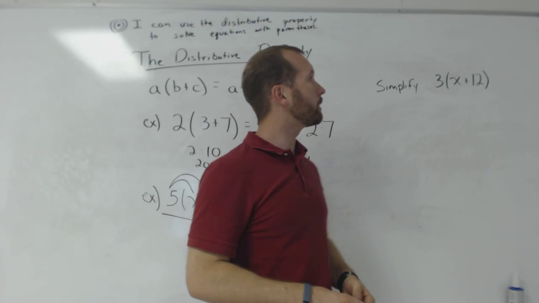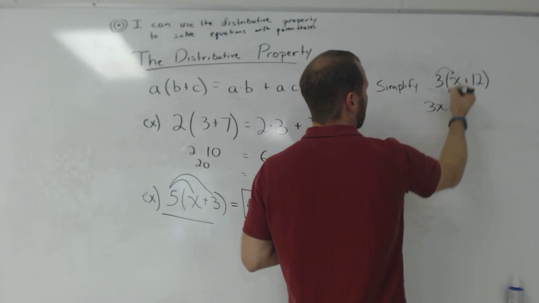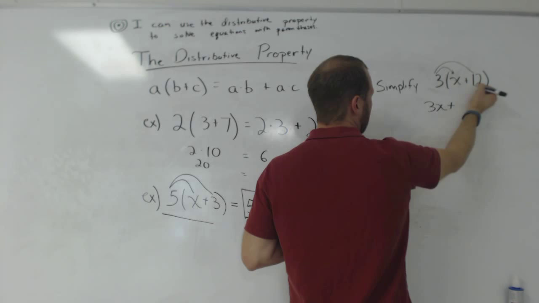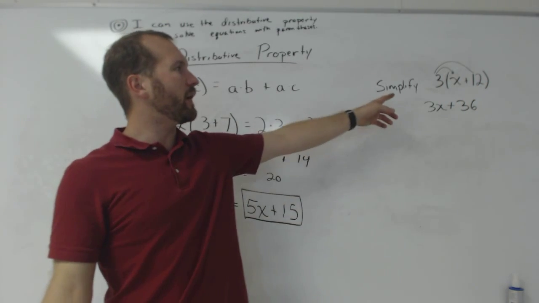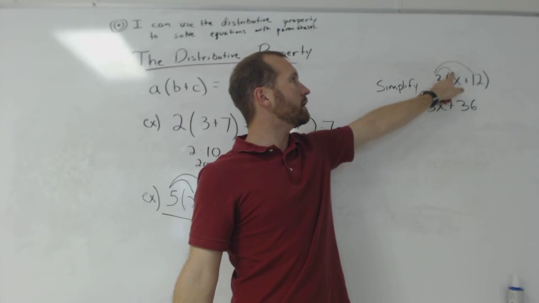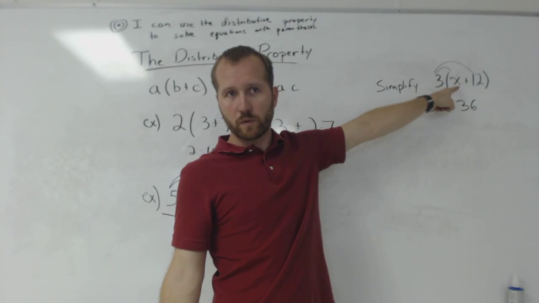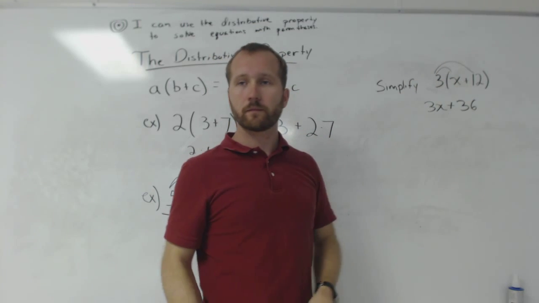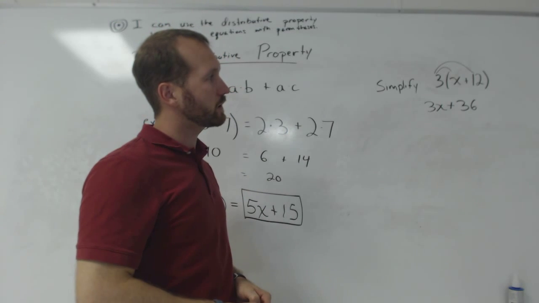So you do 3 times x, which is 3x, and then 3 times 12, which is 36. And that's it. I've simplified this into this. Notice how I use these little arrows or lines to help me keep track of what I'm multiplying by. You guys notice that? In your notes, you should practice writing those in. So I have 3x plus 36.